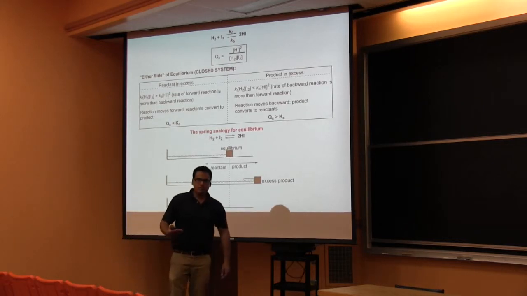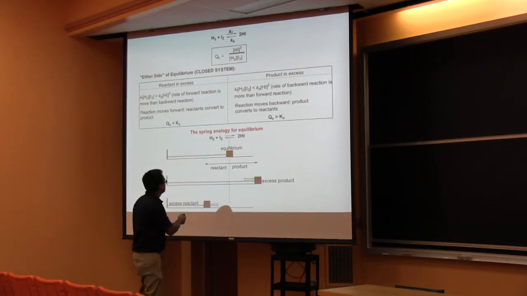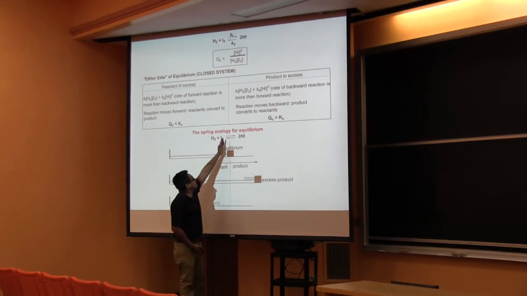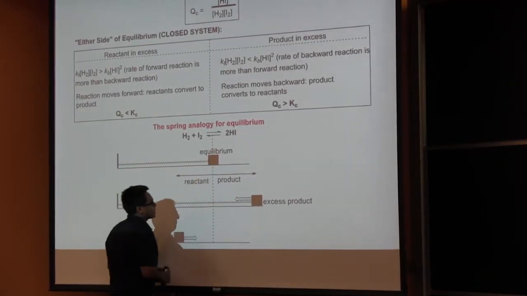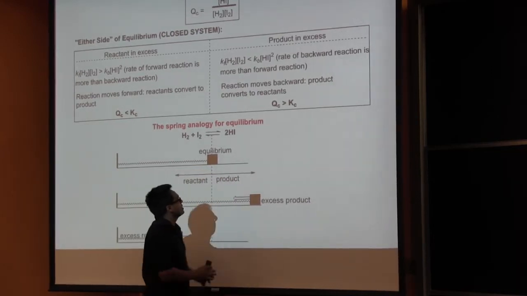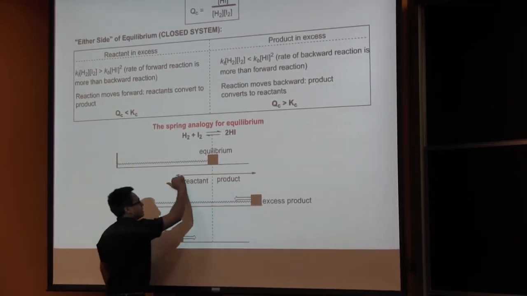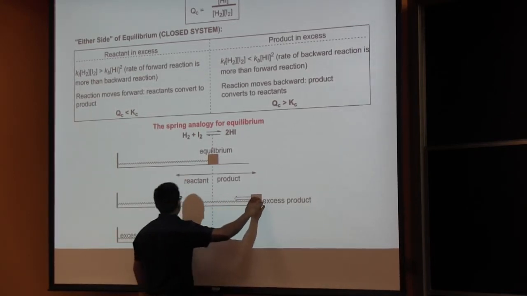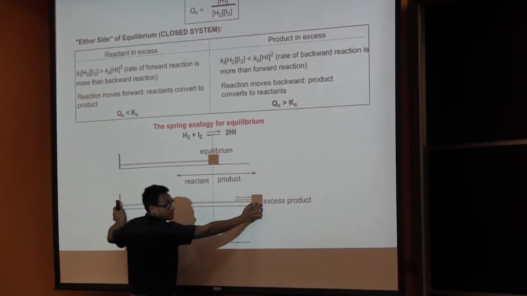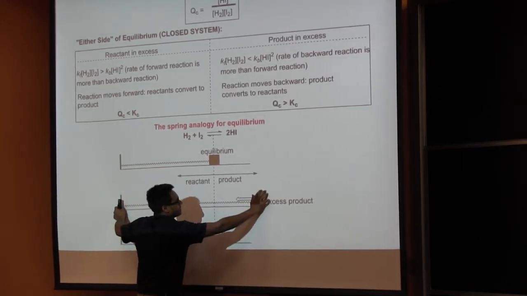One analogy to remember what is going on is to think of the spring. At equilibrium, the block attached to the spring is, say, at this position. On the right is an increasing product, on the left is an increasing reactant concentration. So if you have an excess product, that can be thought of as stretching the spring and taking it to the right.